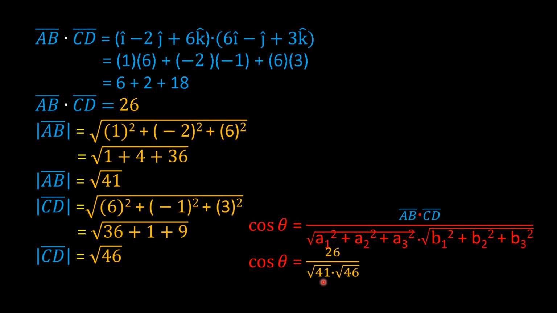So it will be AB bar dot CD bar, which is 26, and under root A1 squared plus A2 squared plus A3 squared is root 41, multiplied by root B1 squared plus B2 squared plus B3 squared, which is root 46. So from the value of cos theta we can find the value of theta.